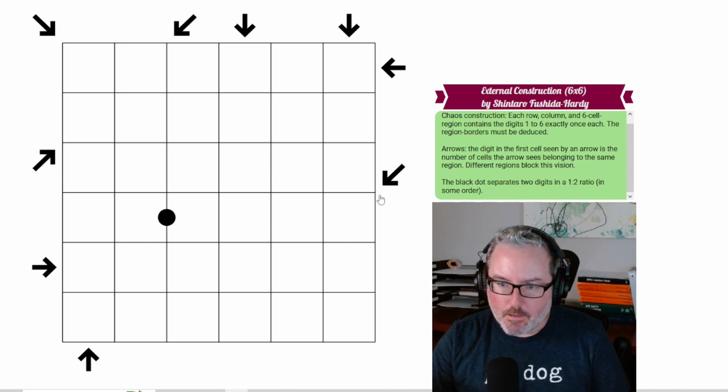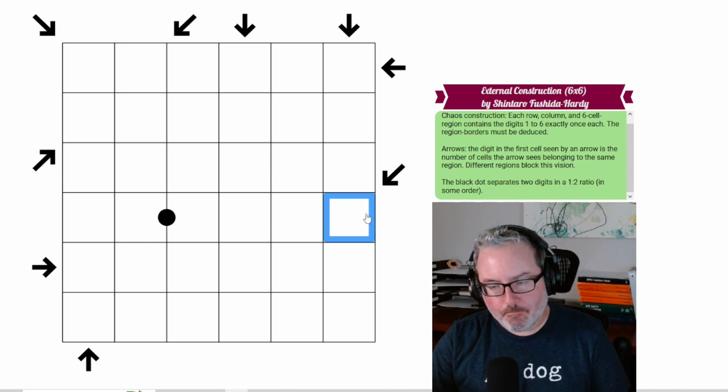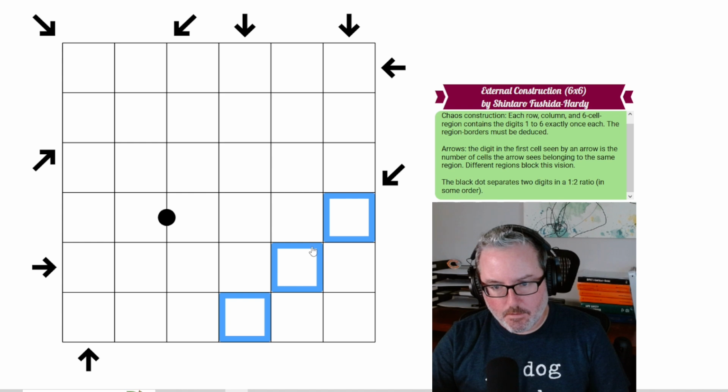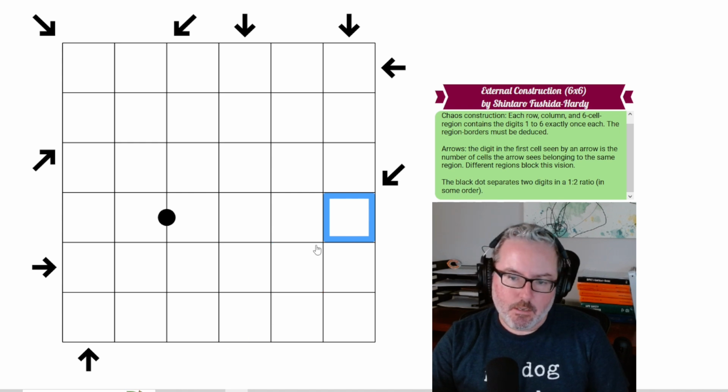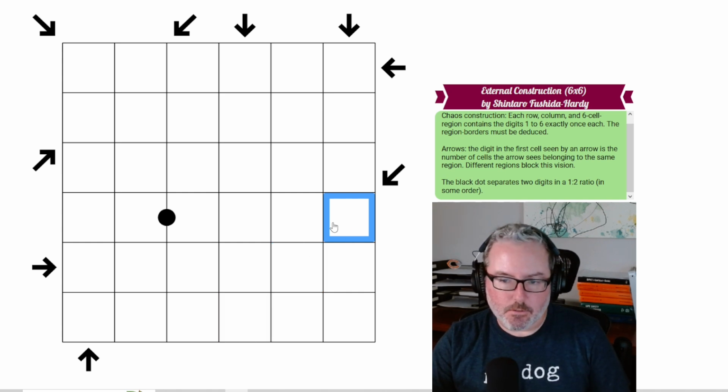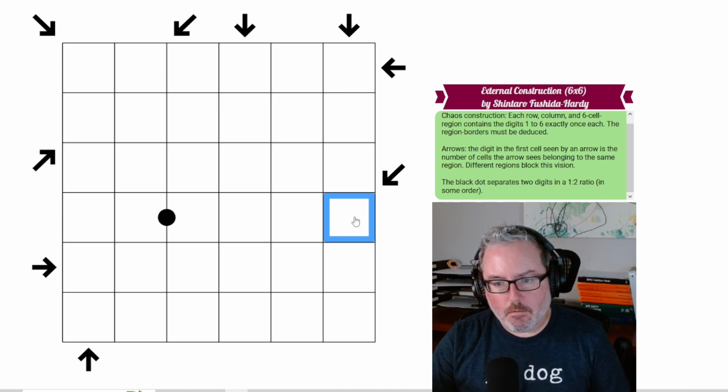It's essentially saying that whatever this digit is, the actual value of the digit, so 1, 2, 3, 4, 5, or 6, is going to tell us in this diagonal how many of these cells the region associated with this particular cell can see.